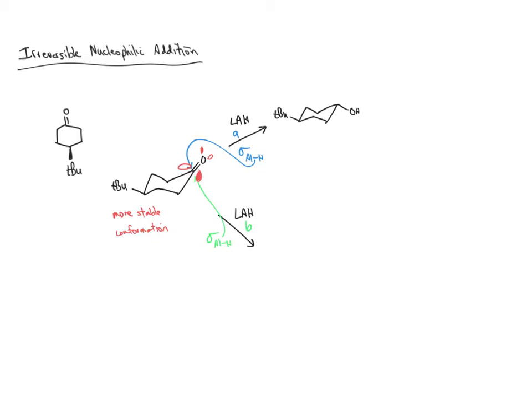The next mode of attack is the mode of attack where you've got the tert-butyl group and the alcohol group in a cis fashion. And so this is going to look like tert-butyl is sitting on the opposite side of the alcohol, and this is going to look like the tert-butyl group is sitting on the same side as the alcohol.